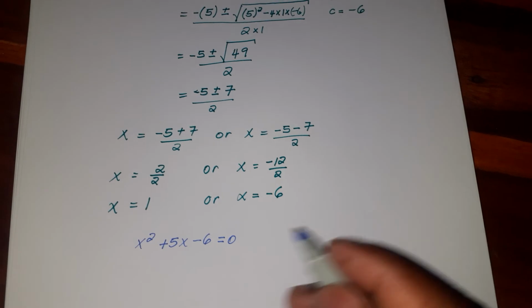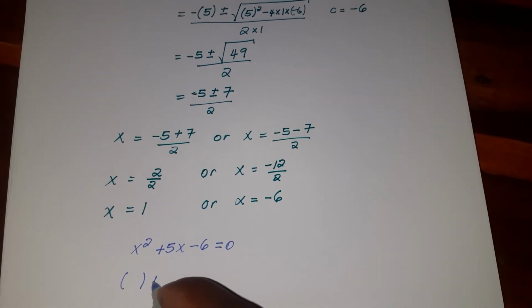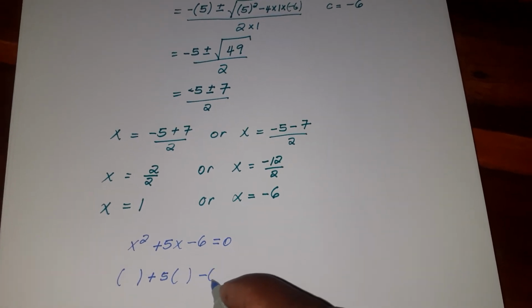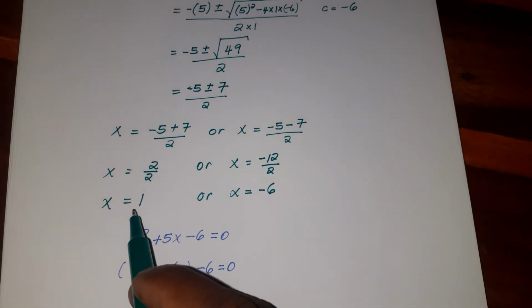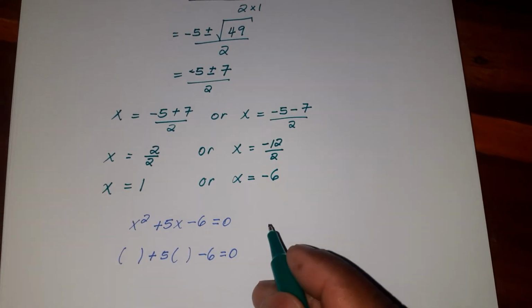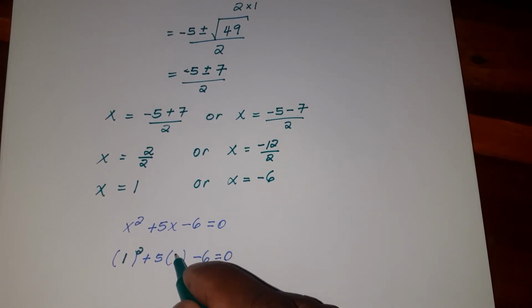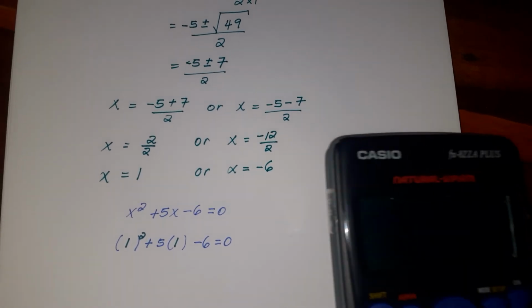Now let's try to put in our values and see if we are getting 0. Let's put in the first one, which is 1. We put 1 here and then we square that, and then here we put 1 also.